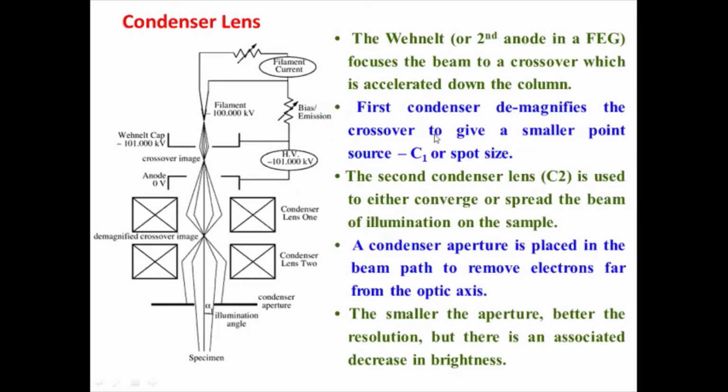There is not only a single condenser lens, there is a series of two or three condenser lenses. They are used to thin the beam to a large extent. And there are also mechanical apertures used, meaning small holes drilled in foils so that the electron beam can pass through these holes.